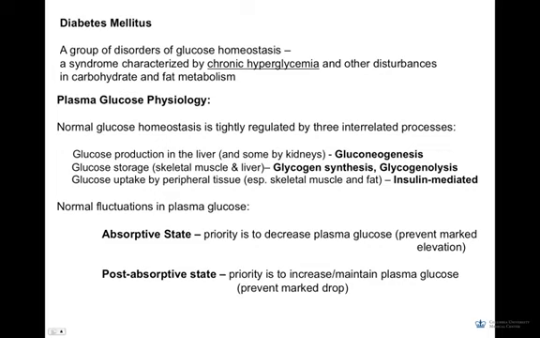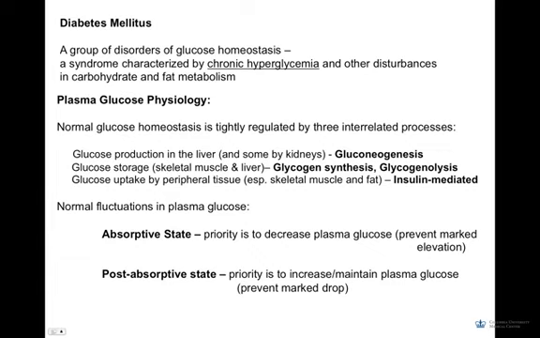Now, the glucose uptake is regulated in these tissues because these are tissues that can derive energy by other means, particularly from the breakdown of adipose tissue, or the breakdown of fat.